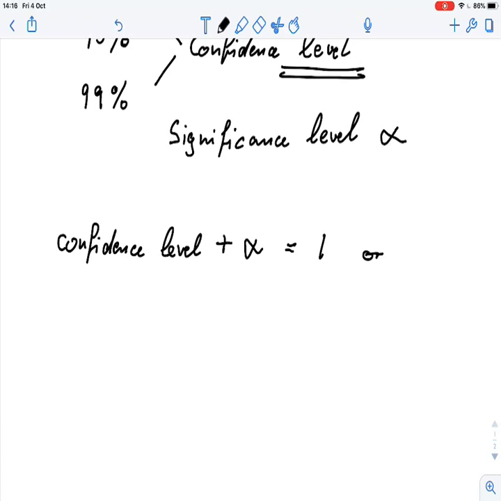Or if you like, in percent, it's 100%. So if I say you've got a 95% confidence level, what is significance level? 5%. Or sometimes people fall over, so 95%. So alpha equals 5%, or is the same as 0.05. Yeah, that's this thing.